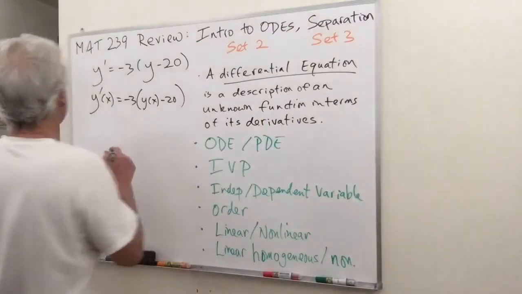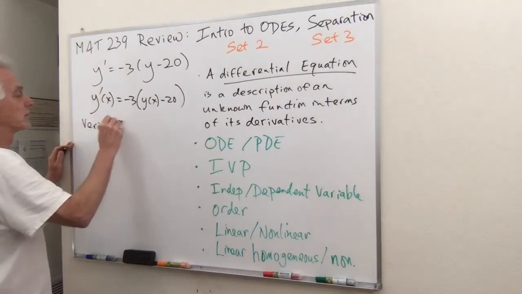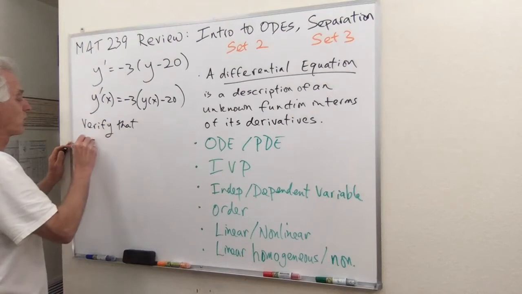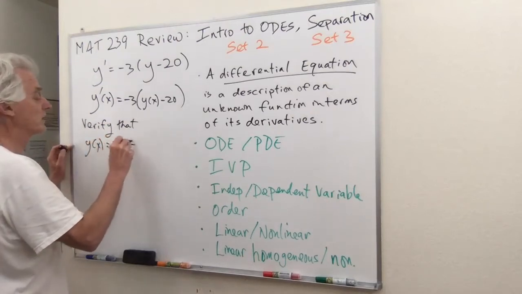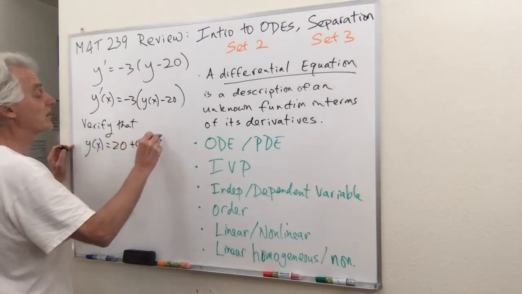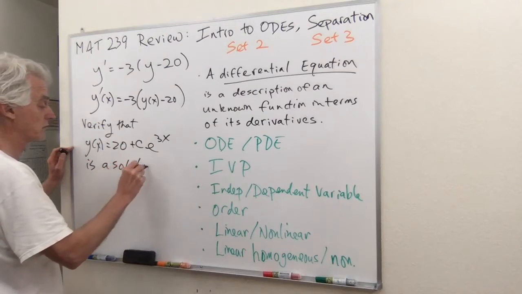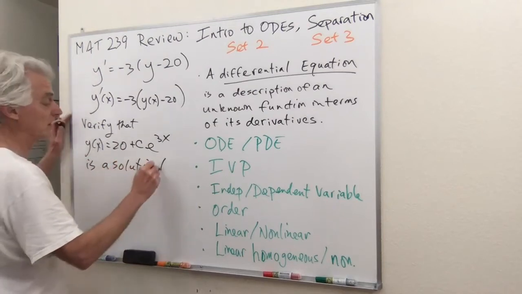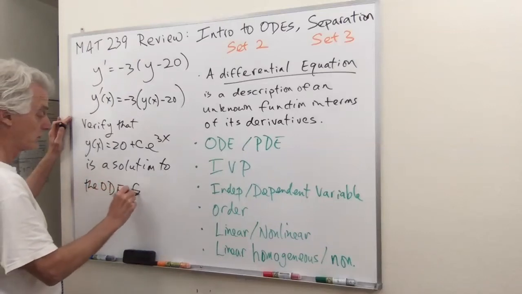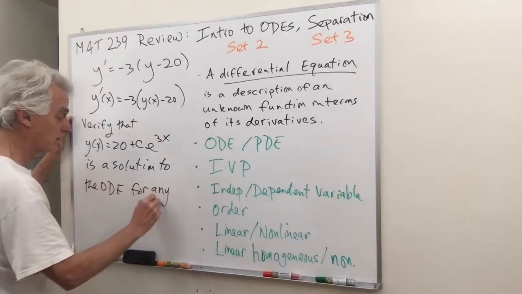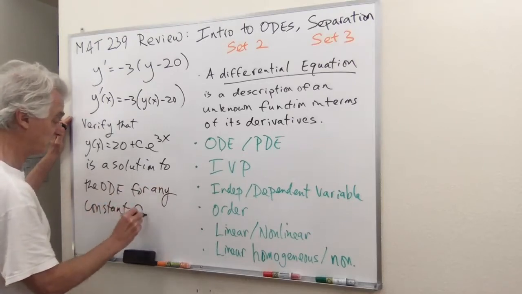So let's just verify that y of x is equal to, let's say, 20 plus c e to the minus 3x is a solution to that ODE for any constant c.